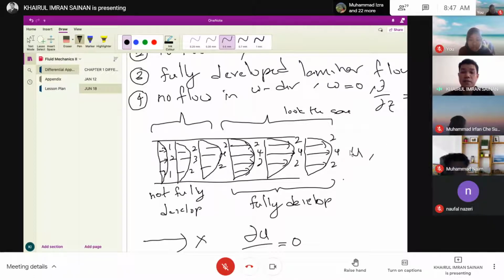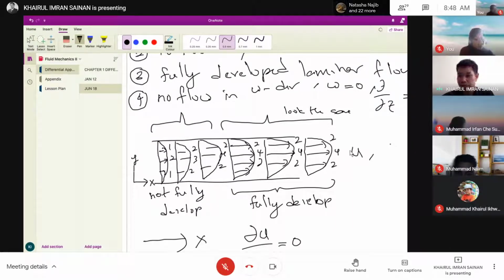So the flow is actually in the x direction, okay, component x. So now, del over del what? Is it del u over del y? Is it del u over del x? Is it del u over del z? Anyone? Del u over del x. Del u over del x, very good.